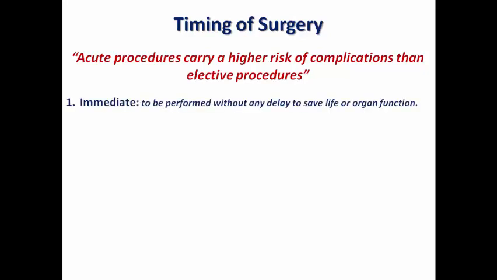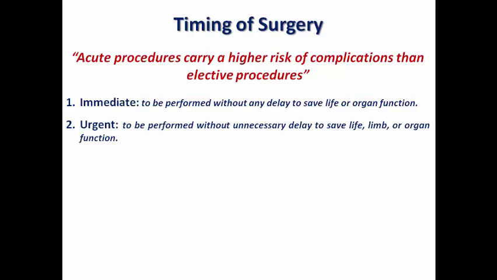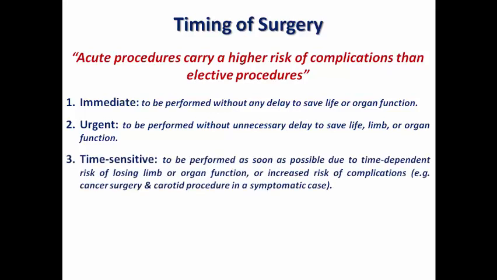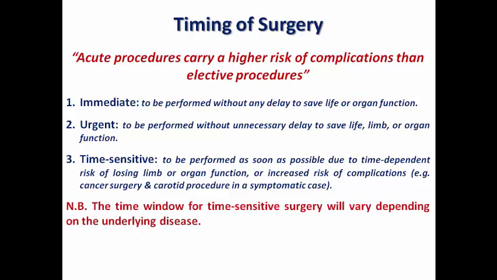And so we divide the surgeries into immediate, which need to be performed without any delay to save life or organ function; urgent, to be performed without unnecessary delay to save life, limb, or organ function, so they are less immediate than the first example; and time-sensitive procedures, in most cases of cancer surgeries or carotid procedures in symptomatic patients, as here they need to be performed as soon as possible due to time-dependent risk of losing limb or organ function or increased risk of complications. And so the time window for time-sensitive surgery is variable depending on the underlying disease.